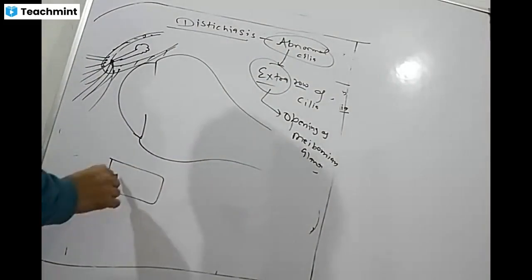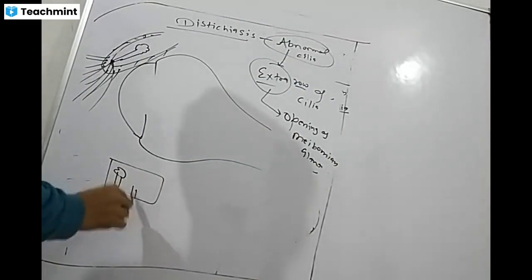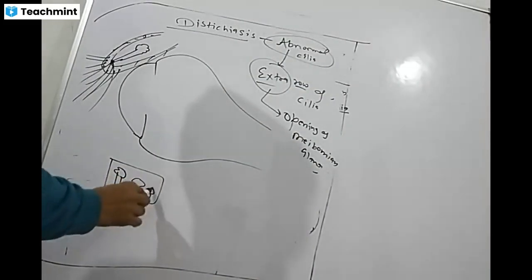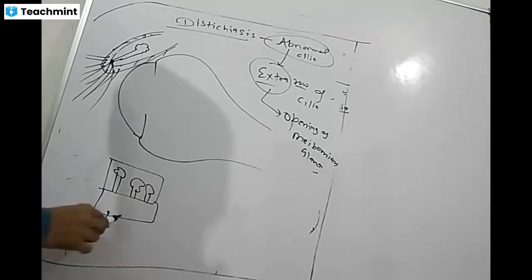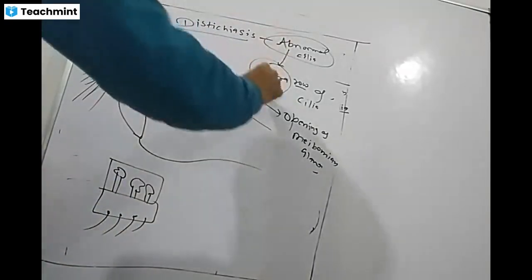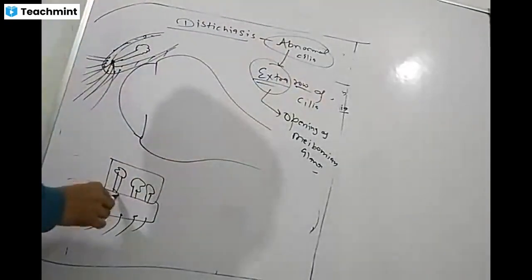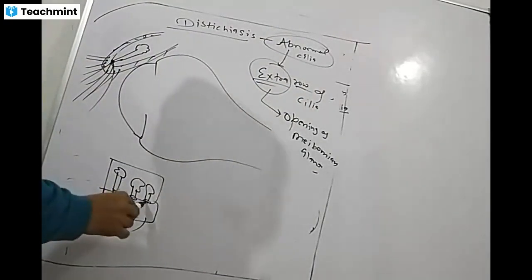For example, if these are meibomian glands and normal cilia come out like this, and if an extra row of cilia start coming out from the opening of the gland, 1, 2 and 3.